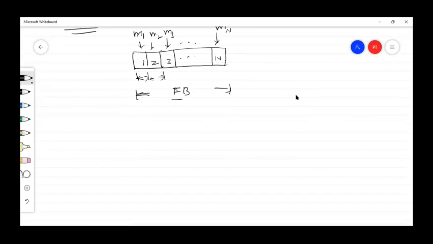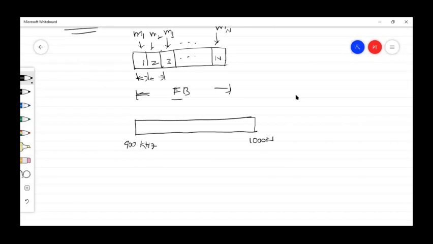Now, let me take a simple example to understand a little bit more. There is a frequency band or range from 900 kilohertz to 1000 kilohertz. Now I want to use this frequency band to send 10 message signals, each having a band of 10 kilohertz.